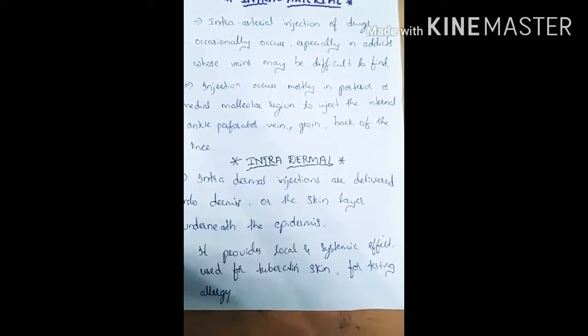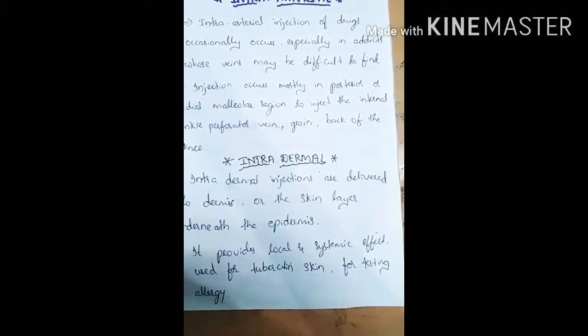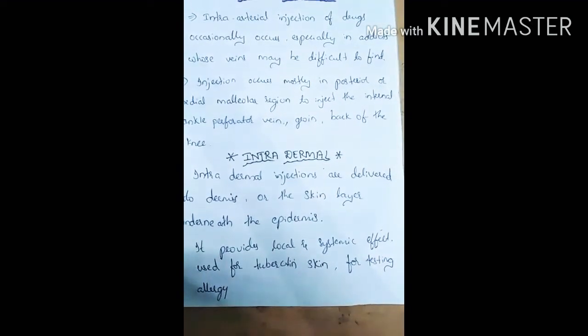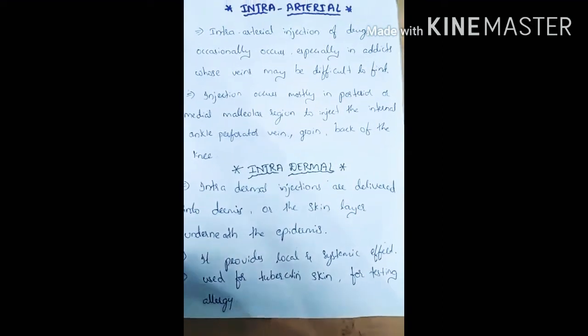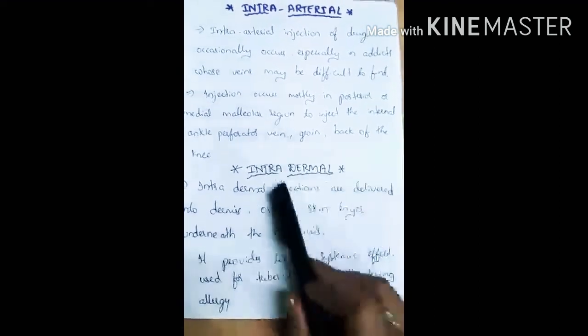Here groin means the femoral artery, a large artery in the thigh and back of the knee. We use intraarterial injection there.